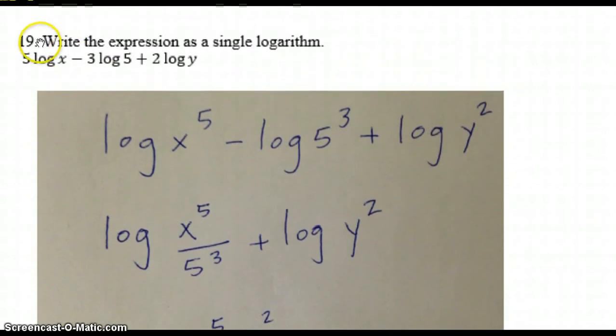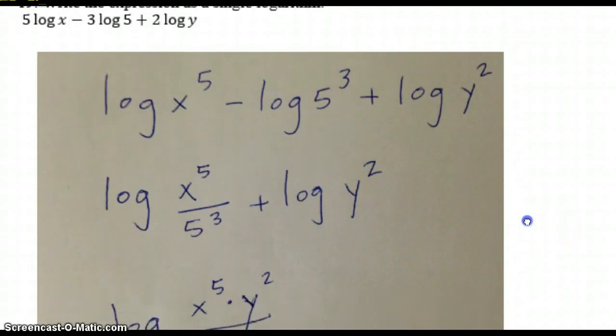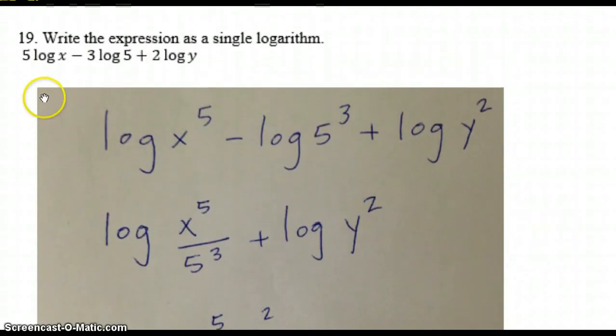Alright, this next one, we want to write the expression as a single log. So we have to work backwards. I find it most helpful to just look at the logs on the left and move our way to the right.